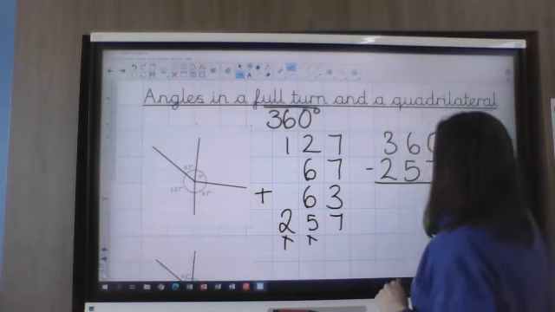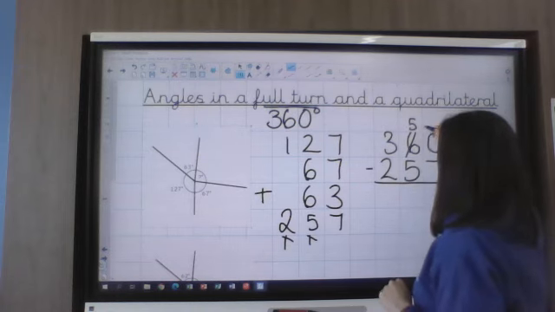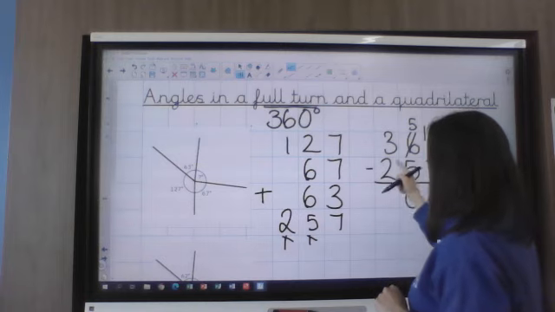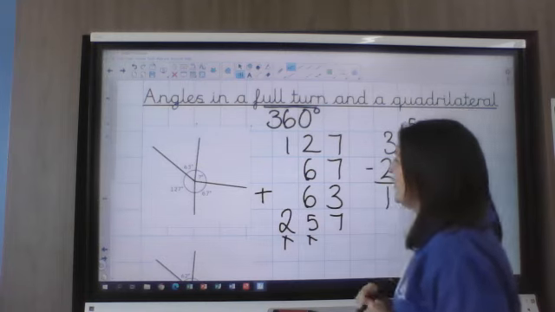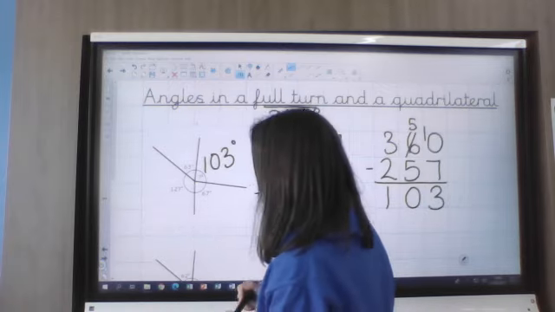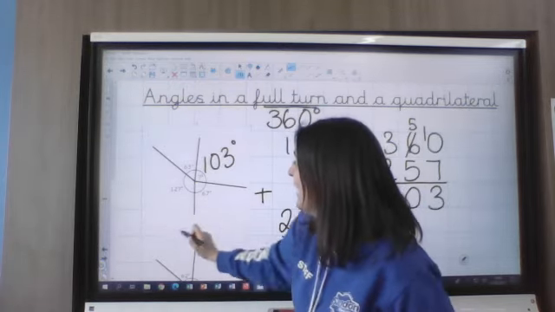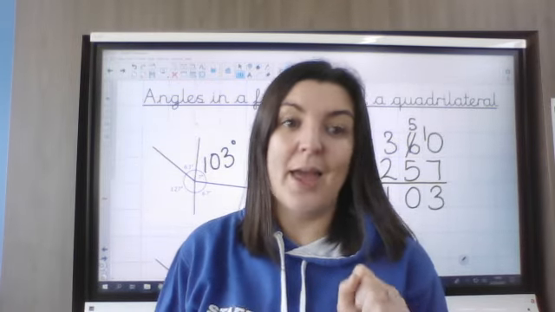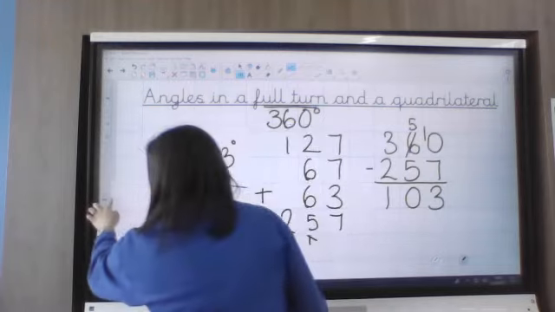So 0 take away 7 I can't do. So 10 take away 7 is 3, 5 take away 5 is 0, 3 take away 2 is 1. So my missing angle is 103 degrees, because if I added all of those up together, that would give me 360.